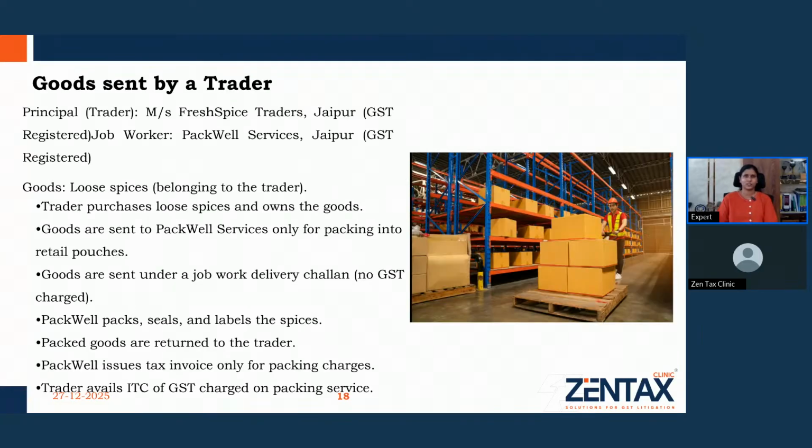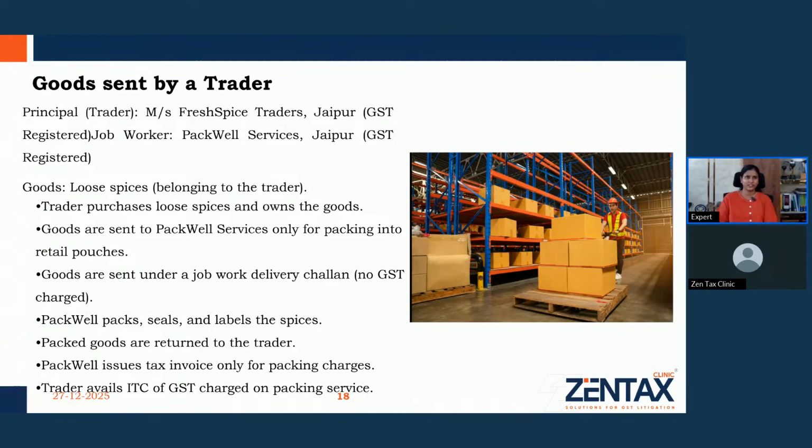To understand this, we can take another real life example. Let us say, here in this scenario, the principal, that is, the trader, is Fresh Spice Traders. They are based in Jaipur. They are trading in spices, and they are sending their goods for job work for packing and packaging purpose. They have sent their goods for packing to Packwell Services, Jaipur. The goods here are loose spices.